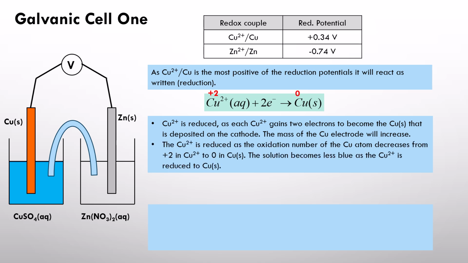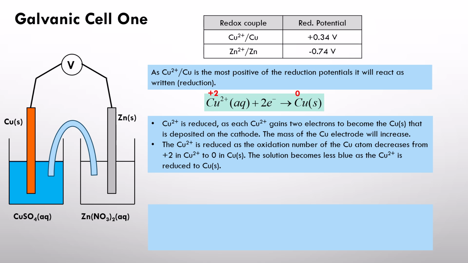So we can see that the oxidation number has decreased across this reaction, okay, across the arrow. It's gone from 2 to 0. So we would say that the copper 2 plus ion is reduced as the oxidation number of the copper atom in each of these has changed from +2 when it's in copper 2 plus to 0 when it's in copper solid.